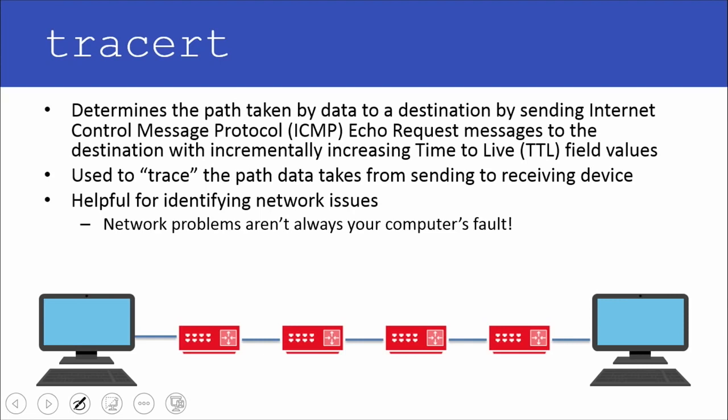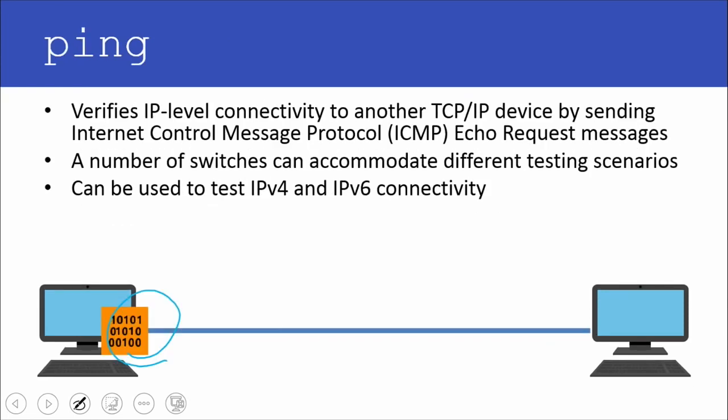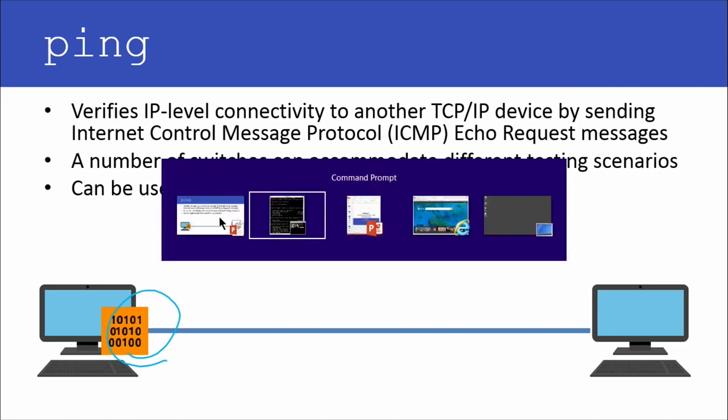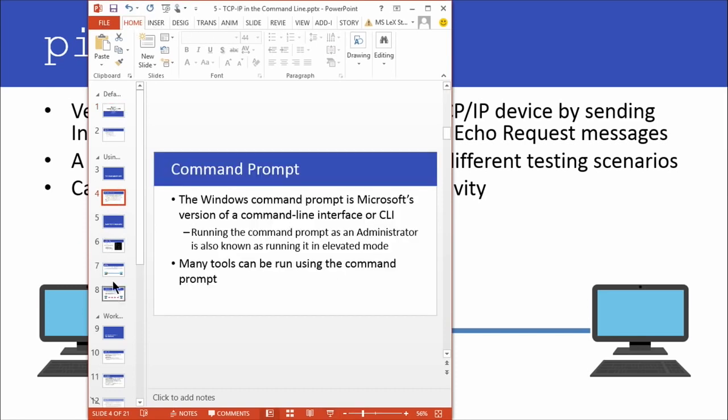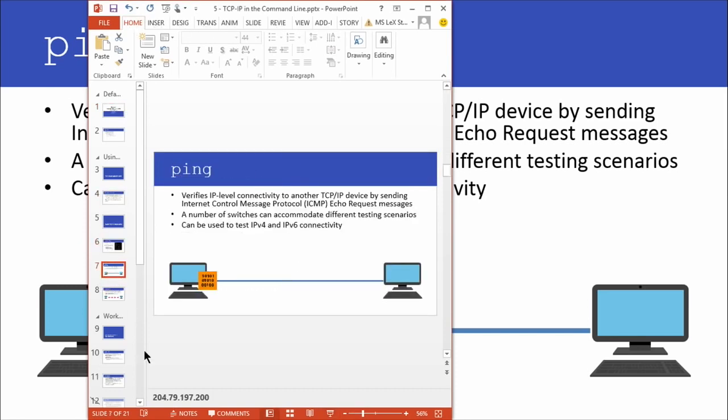All right. Next is traceroute. And actually, you know what? Let me take a step back here. Let's see ping in action. No better way to figure out how this stuff works than to see it in action.